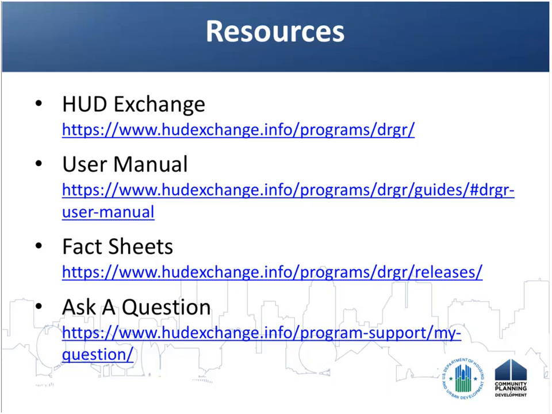For NSP grantees, we've mentioned at least one or two times here the DRGR office hours. DRGR office hours are for NSP grantees specifically who are working towards closeout. So if you're working towards closeout and you're trying to reconcile your DRGR data and you're having some trouble, you can speak with your HUD rep.